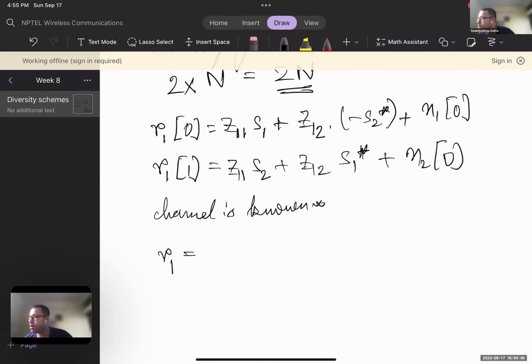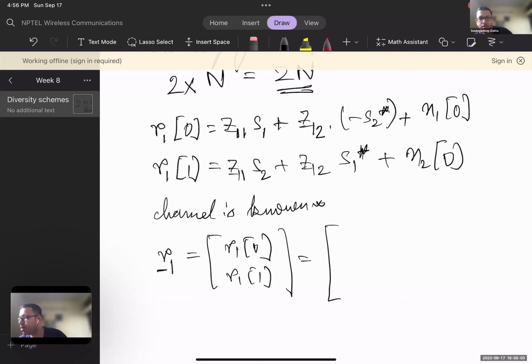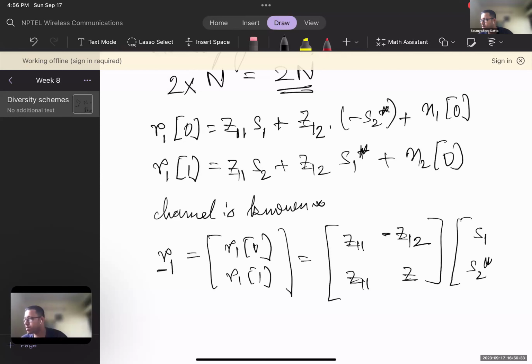If I write this in vector or matrix notation, combining these two into a vector, R10, R11, you can verify this will be the matrix with Z11, Z12, and so on, times the vector S1, S2 star.